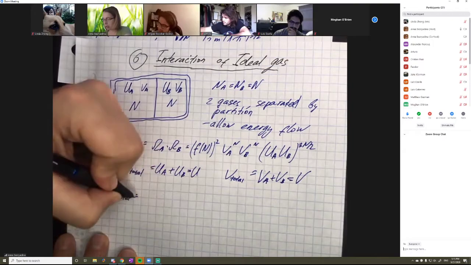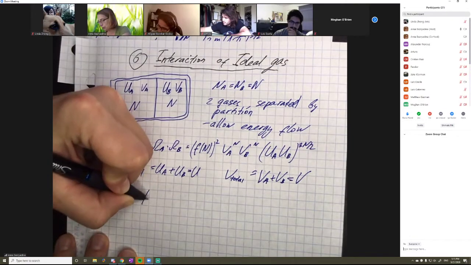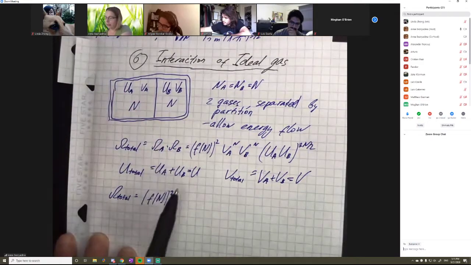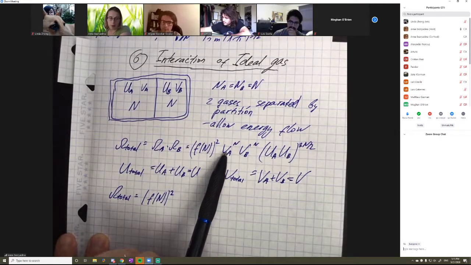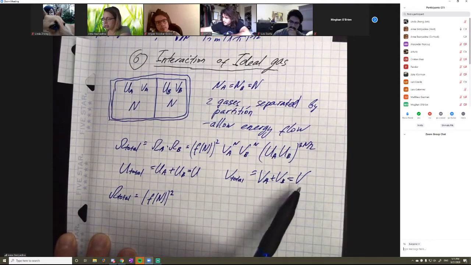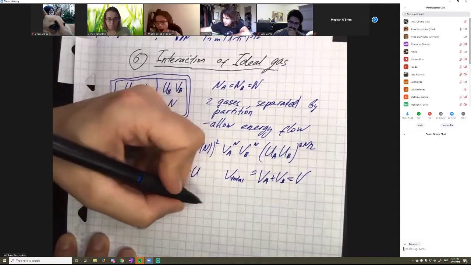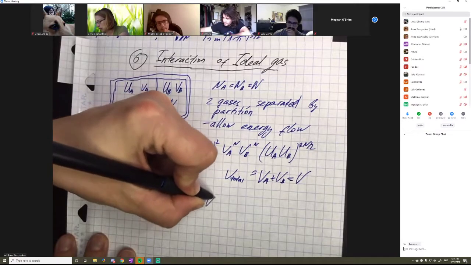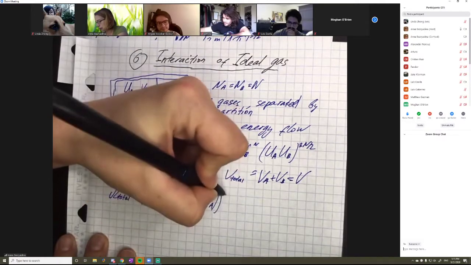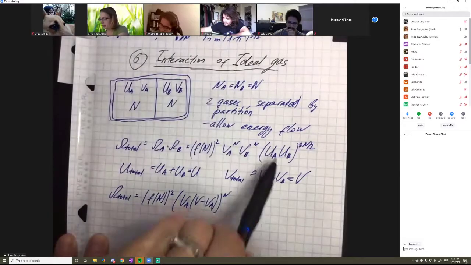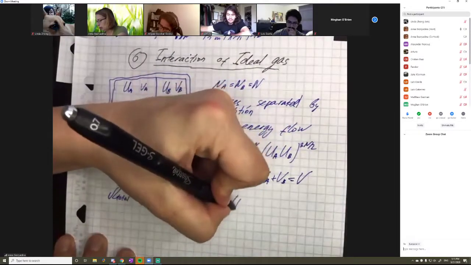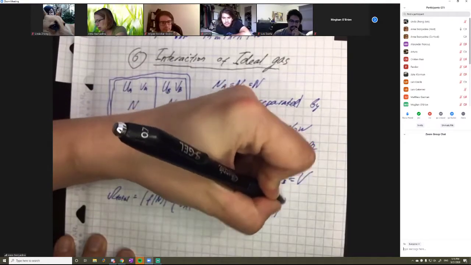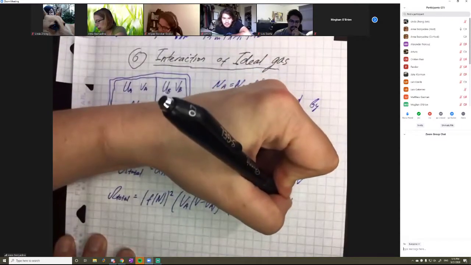So the total multiplicity is equal to f of N squared, and this one will keep VA, but VB we will write as V minus VA, so we have VA times V minus VA, to the power N. We'll do similarly with UB: UA and U minus UA, and everything to the power of 3N over 2.